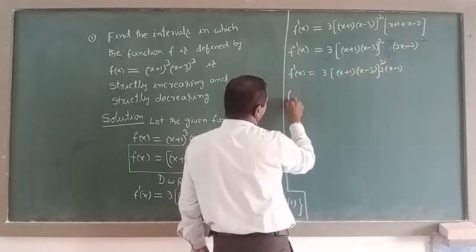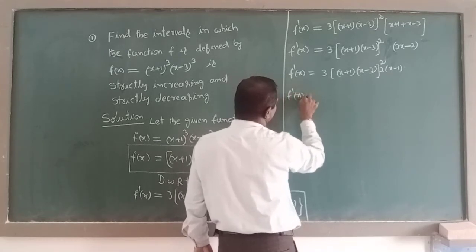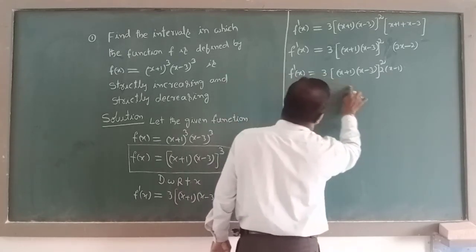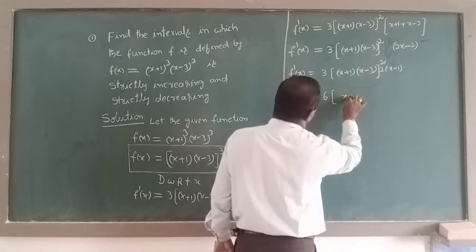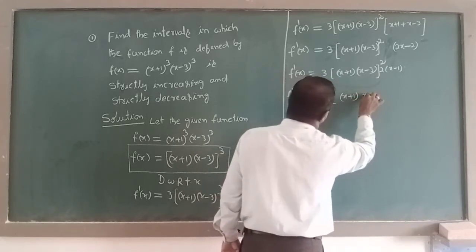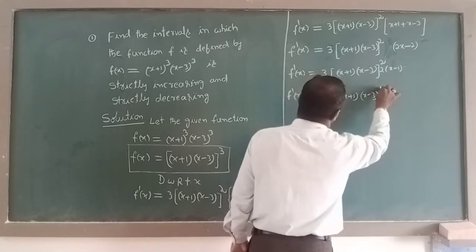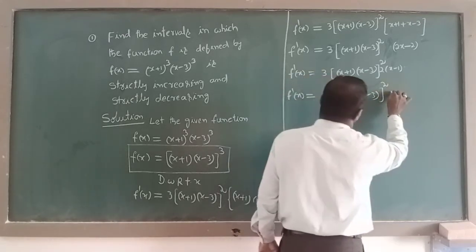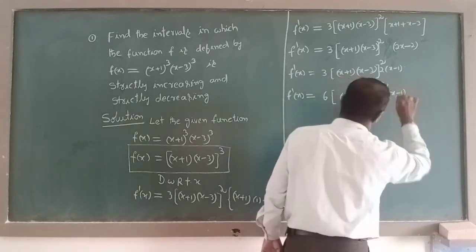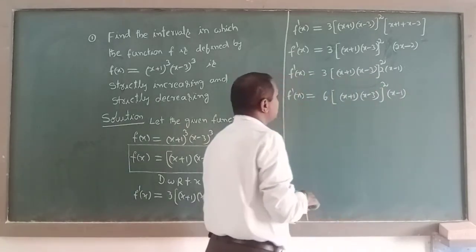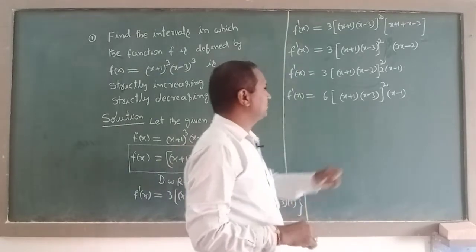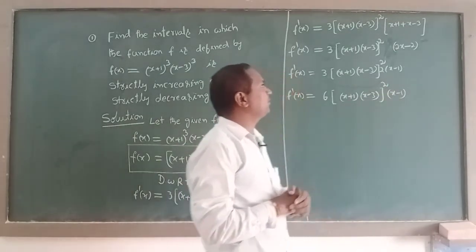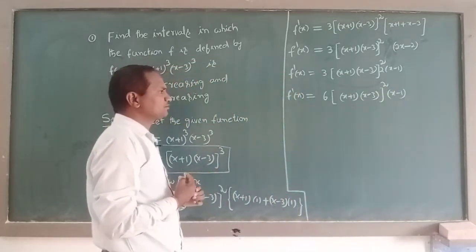So f dash of x equals 6 into (x plus 1) whole square into (x minus 3) whole square into (x minus 1). The square is only for the factors (x plus 1) and (x minus 3), but the remaining part is x minus 1.